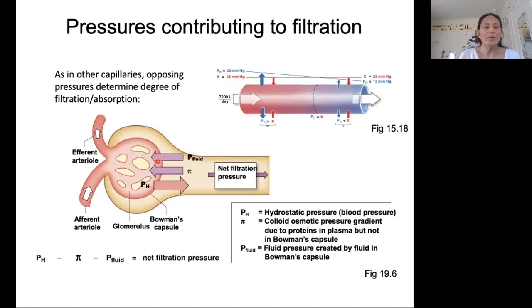So we can calculate a net filtration pressure by combining these pressures here. Net filtration pressure is going to be our hydrostatic pressure in the glomerulus minus our colloid osmotic pressure in the glomerulus minus the hydrostatic pressure in Bowman's capsule. And that's going to give us our net filtration pressure.